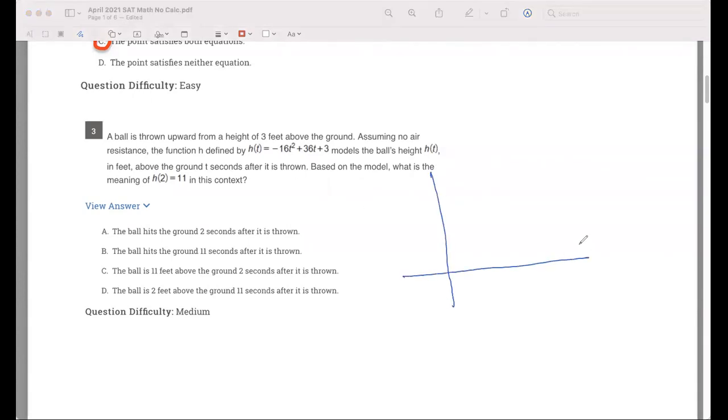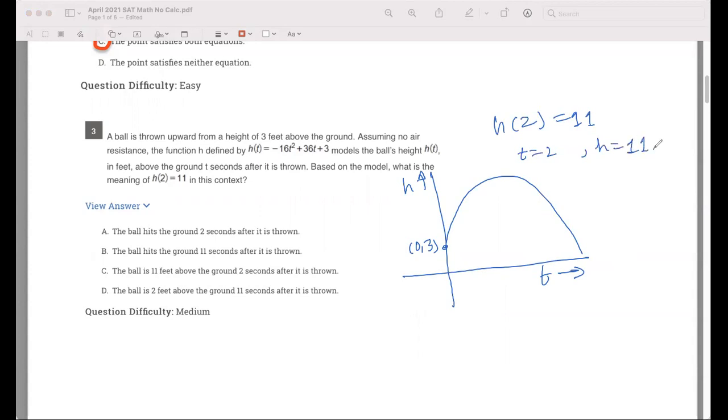So if I were to draw this, it would be a parabola with the y-intercept of 3, right? Because that's the initial height from which the ball is thrown. The height of the ball is measured on the y-axis and the time is measured on the x-axis. So h(2) being 11 tells me that when time is 2, the height of the ball is 11.